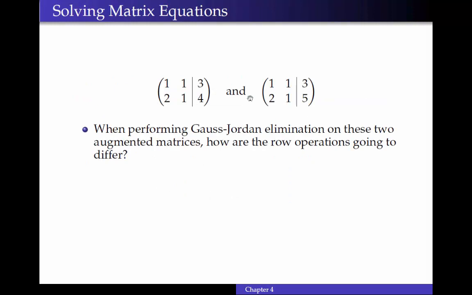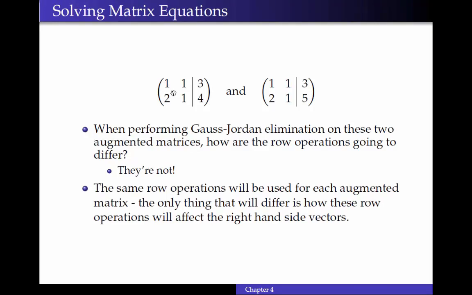So when we approach these two different systems and we start performing Gauss-Jordan elimination, how are the row operations going to differ between this matrix and this matrix? If you think about it, they're not, right?